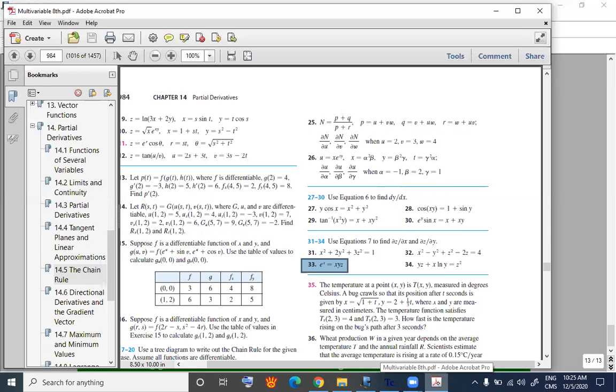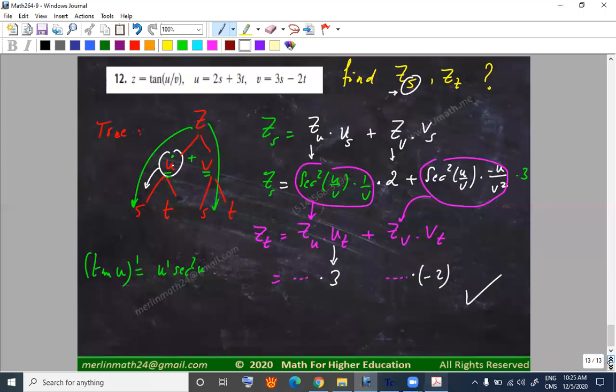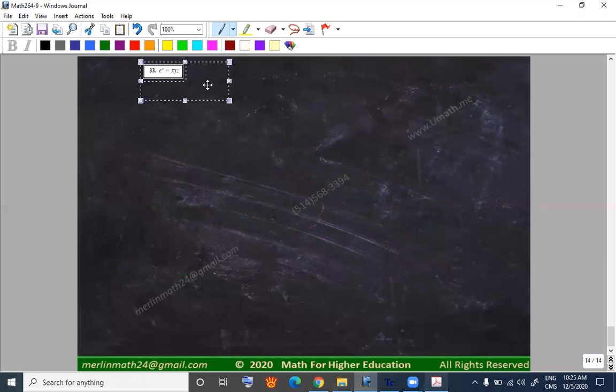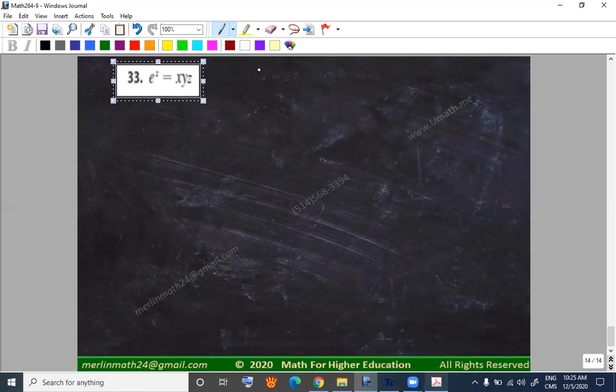33, I want to find Z_X and Z_Y. So go ahead, it's your turn. Find delta Z with respect to X, which can be written Z_X, and delta Z with respect to Y, which can be written Z_Y.